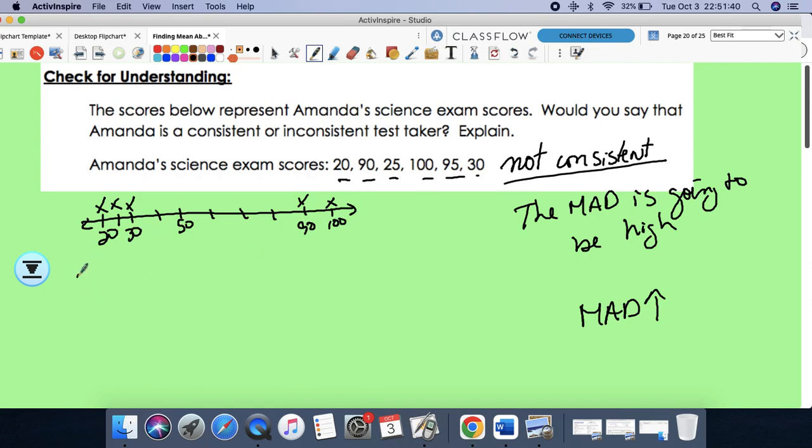Well, let's find the mean first. So the mean is 20 plus 30 plus 50 plus 90 plus 100.